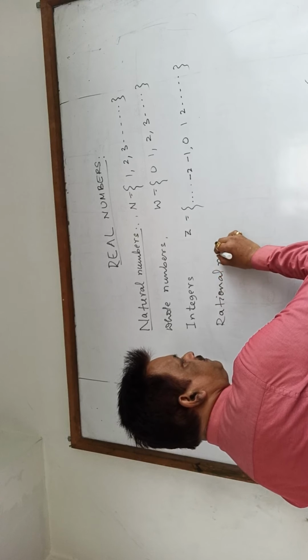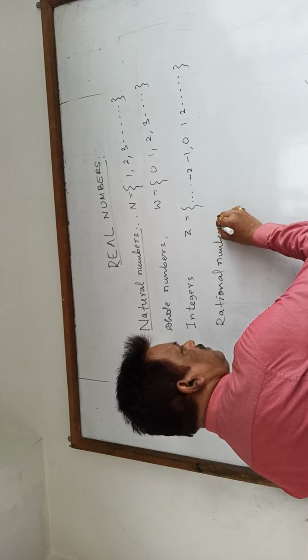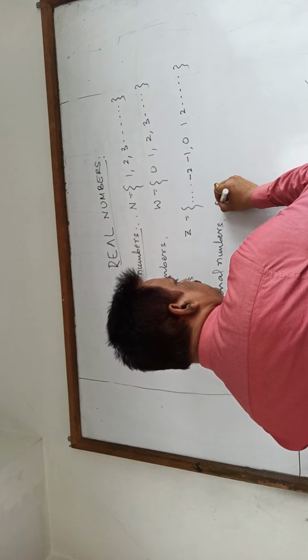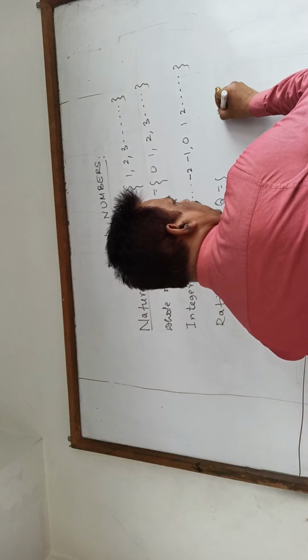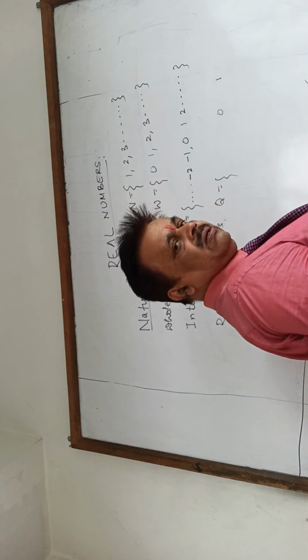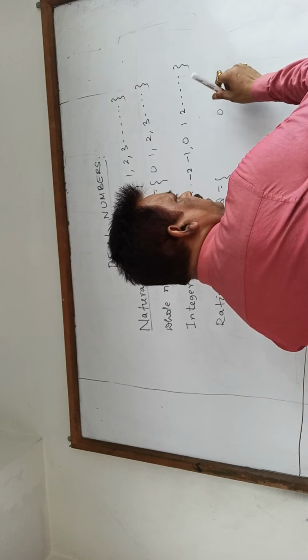rational numbers. So that is Q. What is extra you find? Though you find 0, you find 1, but the fractions in between you get.